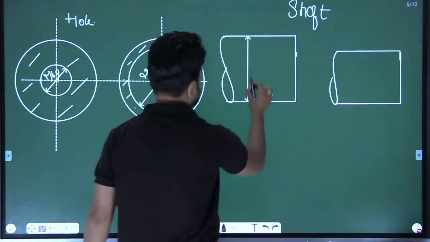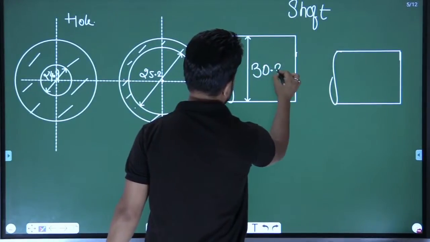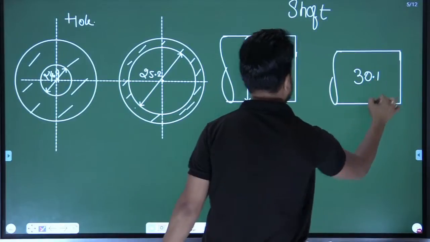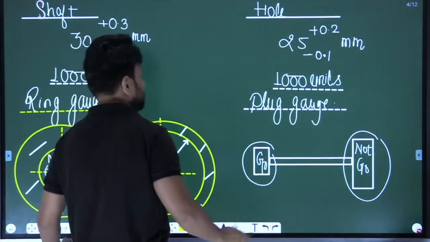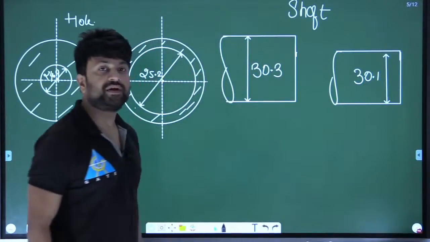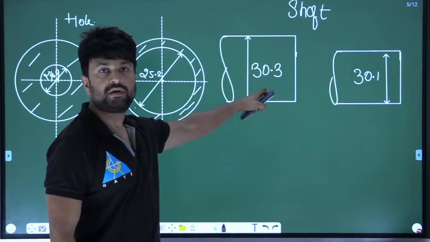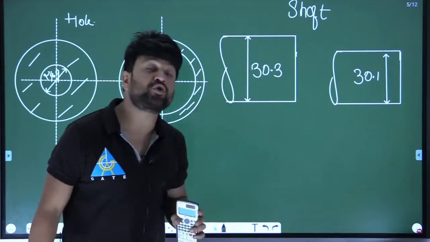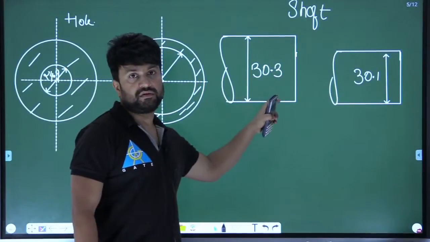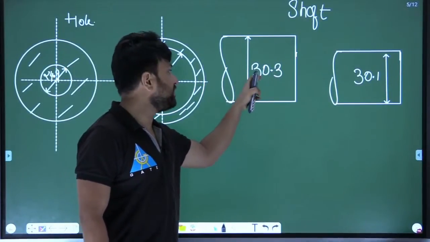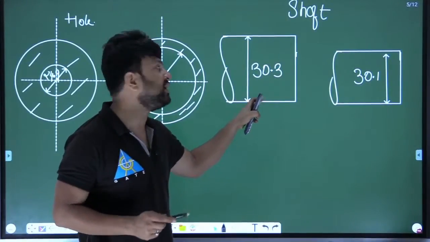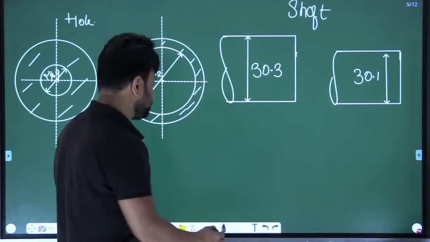And the other dimension is 30.1. Clear? Now, where is the maximum material? Here. So for a shaft, what gauge do you produce? Ring gauge. So a go ring is designed according to that, because the go gauge should be designed in such a manner so that it should cover the maximum material of the product.